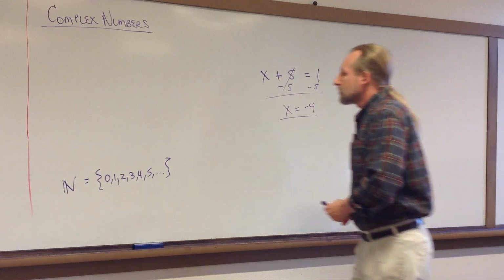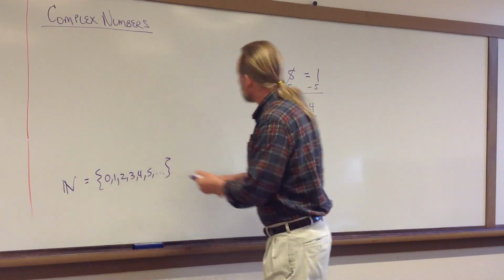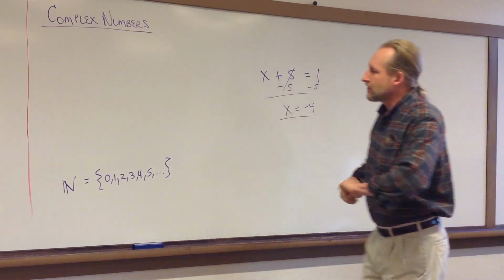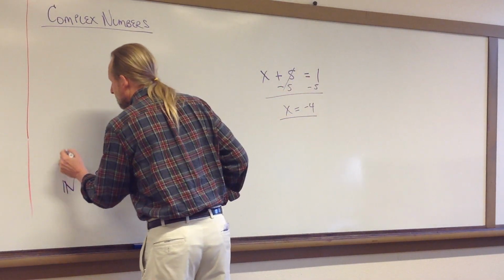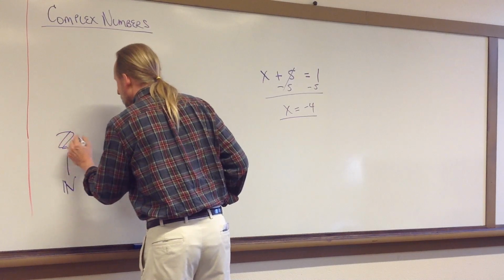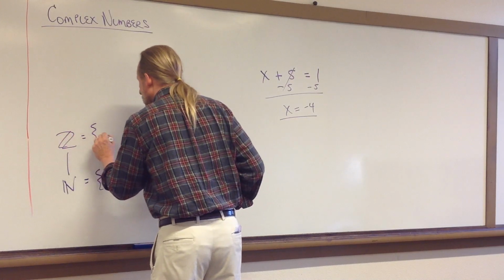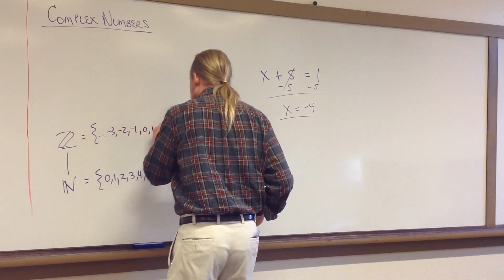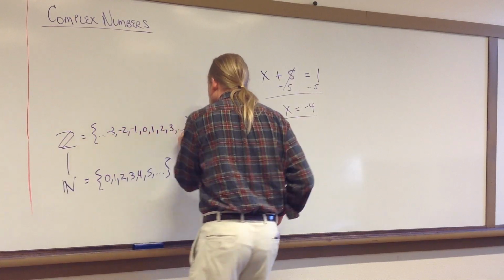So we can continue doing this. The fact that we need these negative numbers allows us to extend our number system to include both the positive and the negative whole numbers.